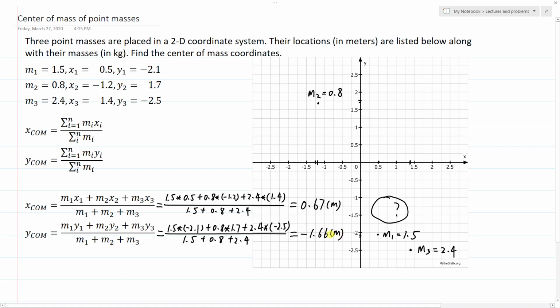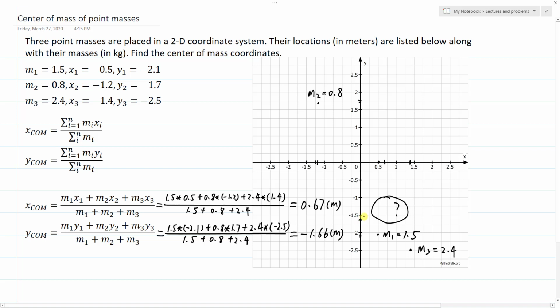Okay, so let's put this set of xy coordinates in our system. So 0.67, alright, so that's about 2/3. So it's roughly here, and 1.67, so 1, and then about 2/3. This is 3/4, so 2/3 less than that.